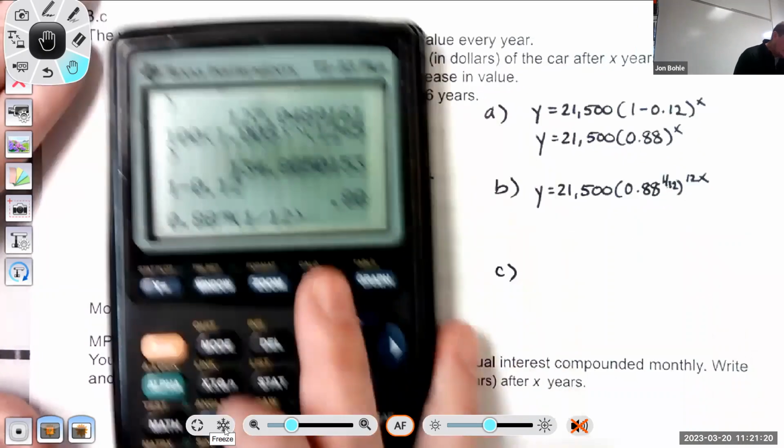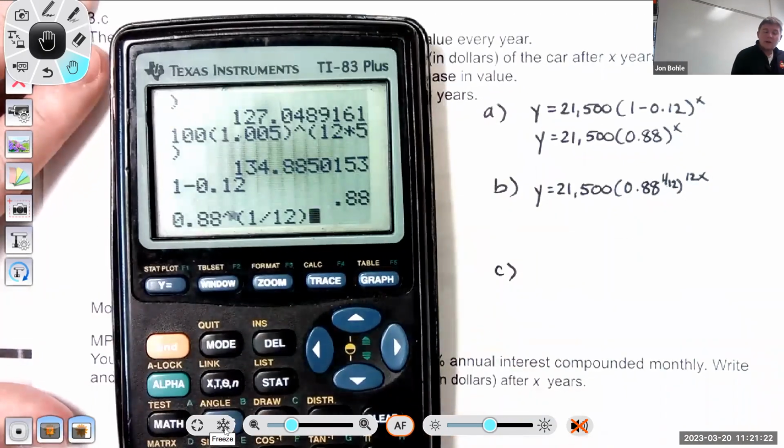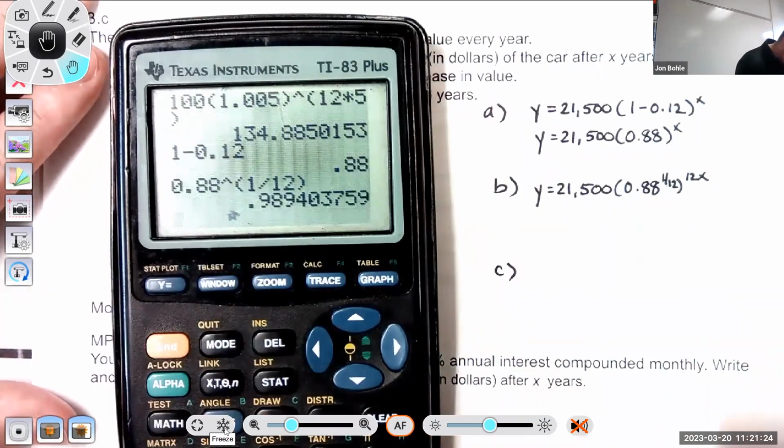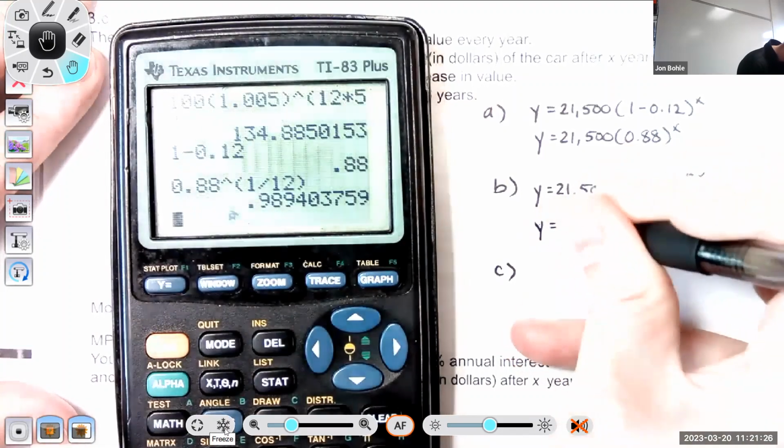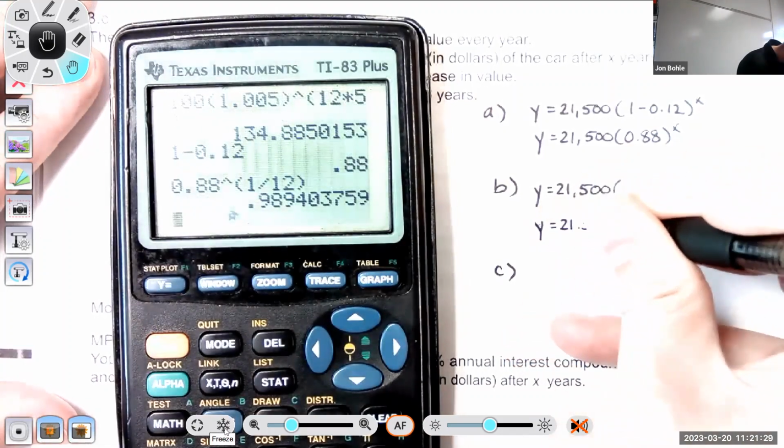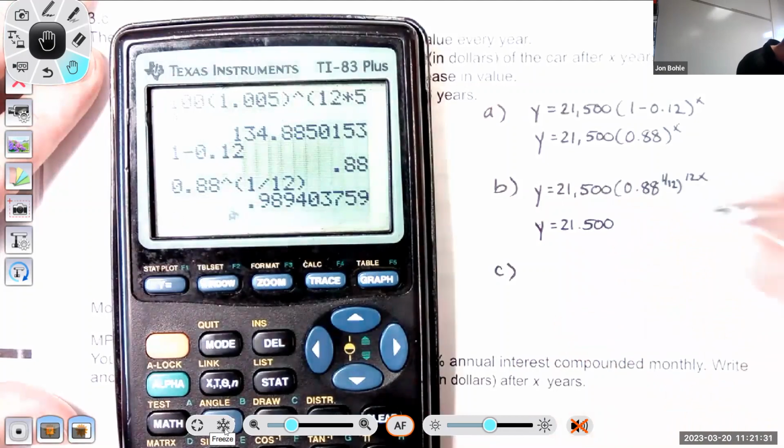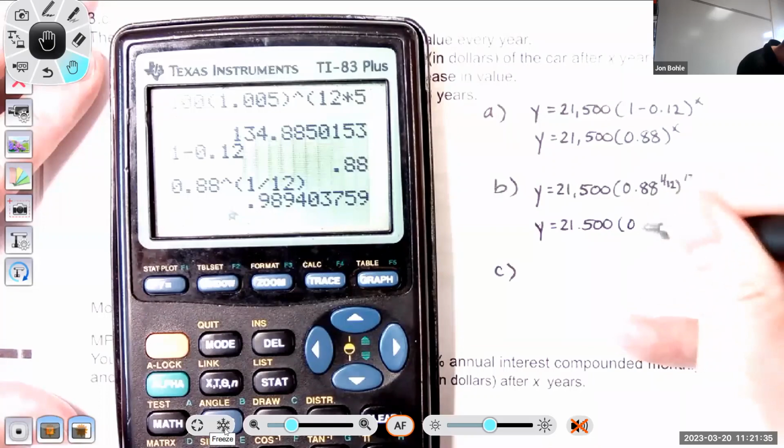So you can figure out what that is. We're going to round to 4 decimal points. That seems right. Although it's losing 12% in a year, this makes sense to me. It's losing a little bit more than 1% a month.